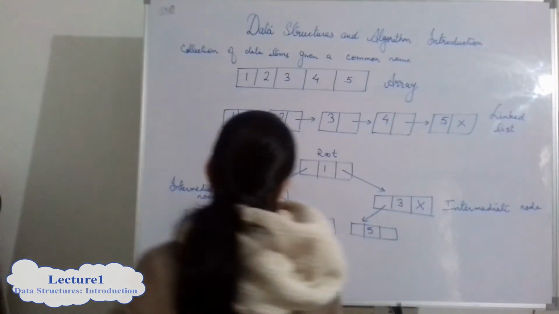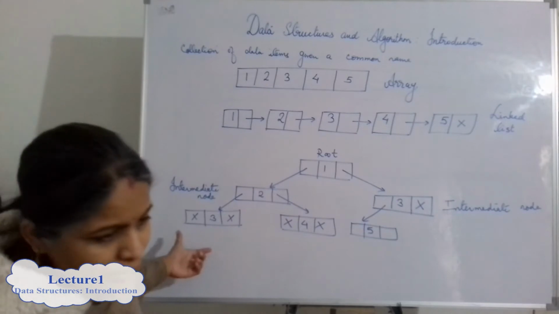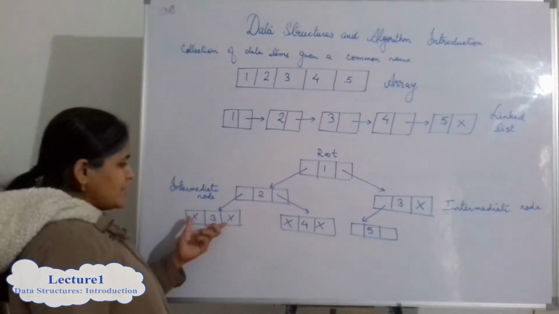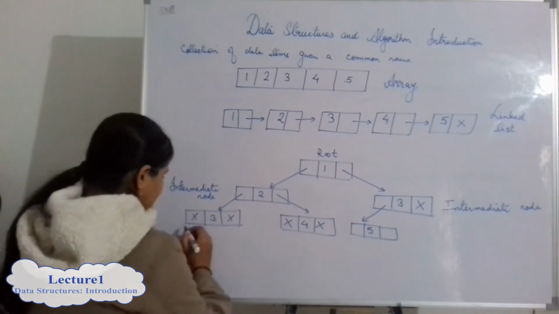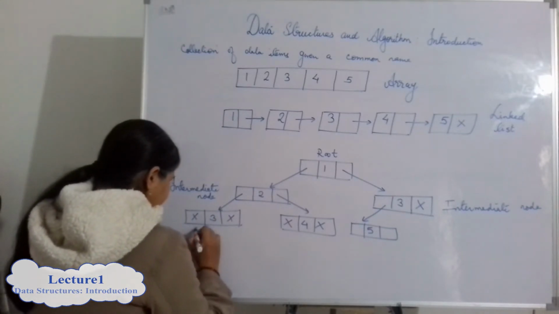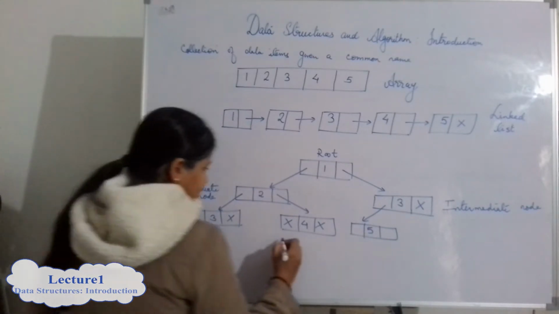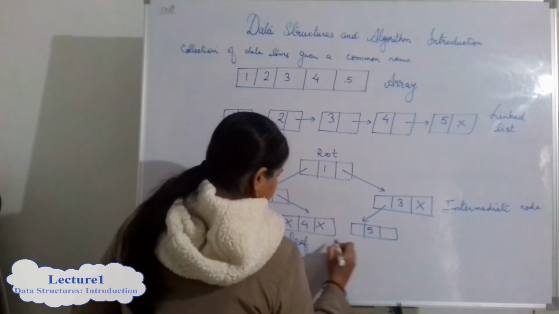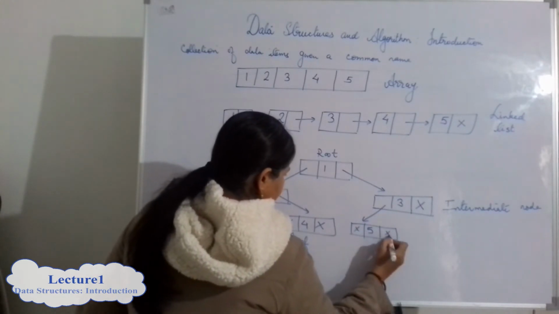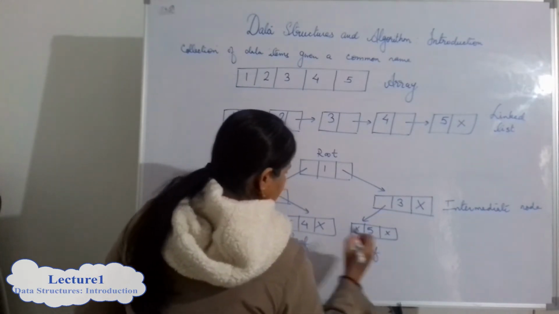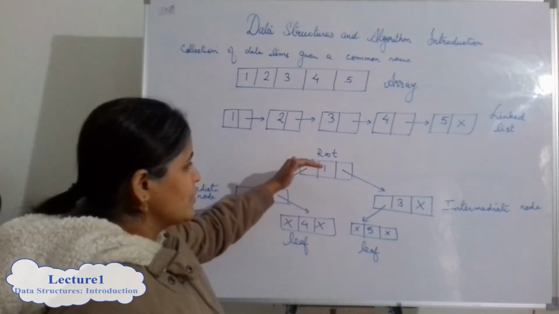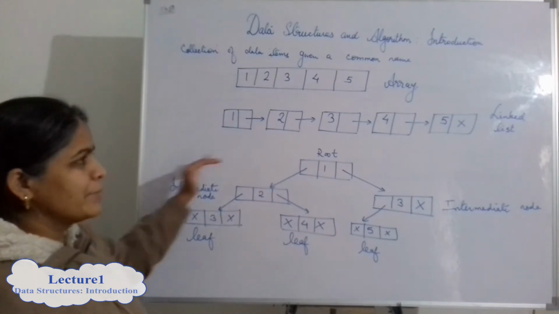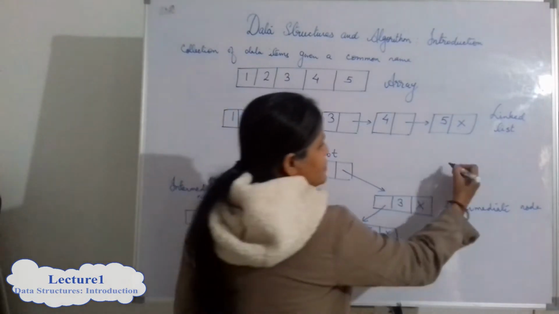And the nodes having null addresses on left and right side are called leaves. So this type of structure becomes tree.